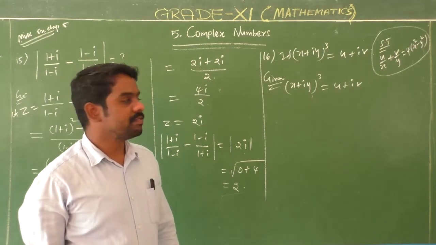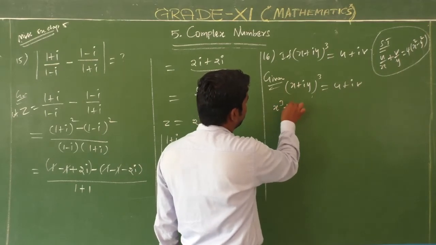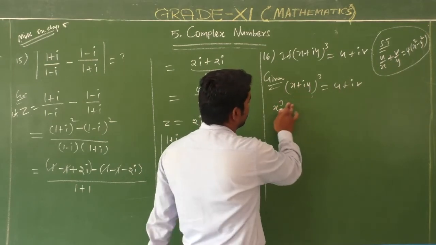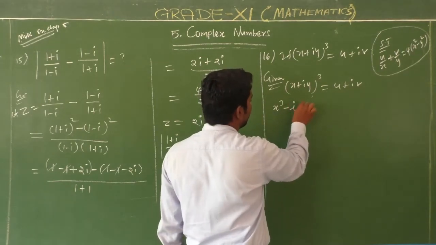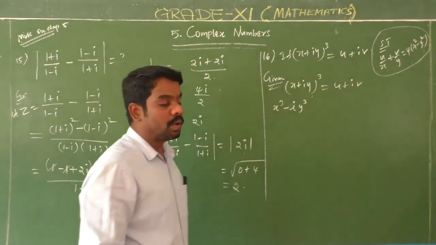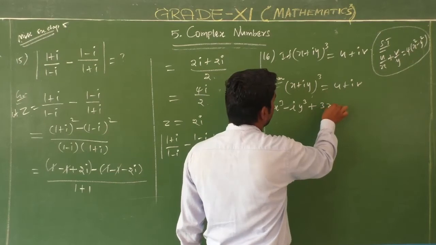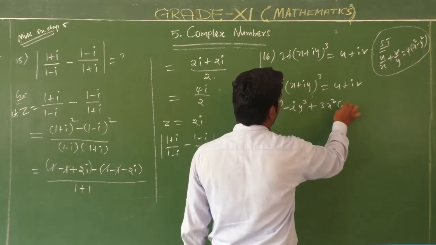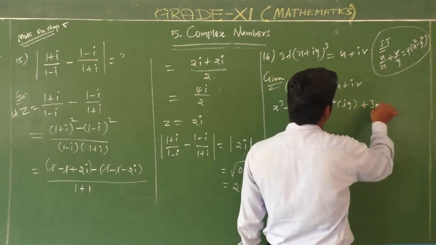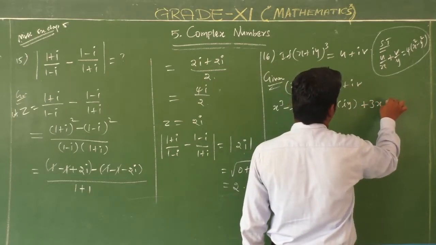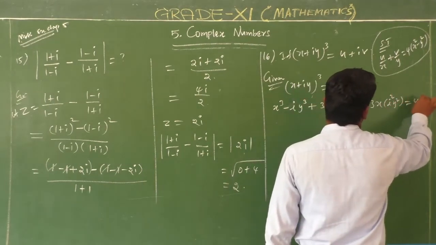You know the (a plus b) whole cube formula: a cube plus b cube, where a cube is x cube and b cube is i cube y cube. i cube is minus i, so minus i y cube, plus 3a squared b, so 3x squared into iy, plus 3a b squared, so 3x into i squared y squared, is equal to u plus iv.